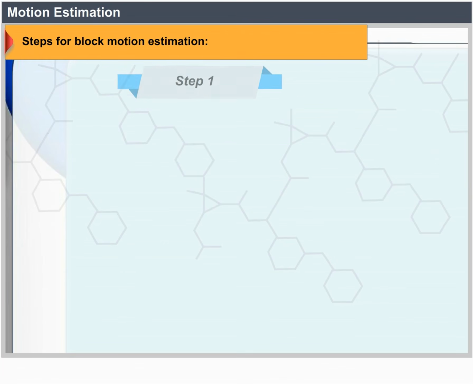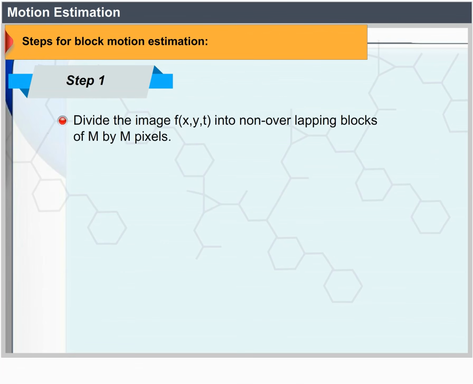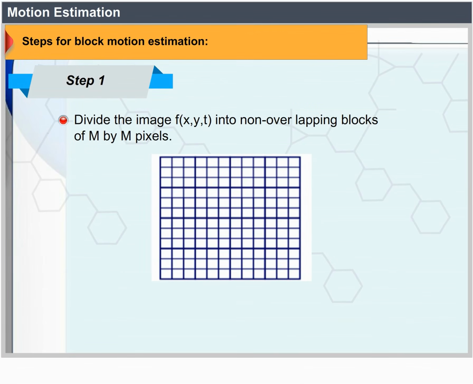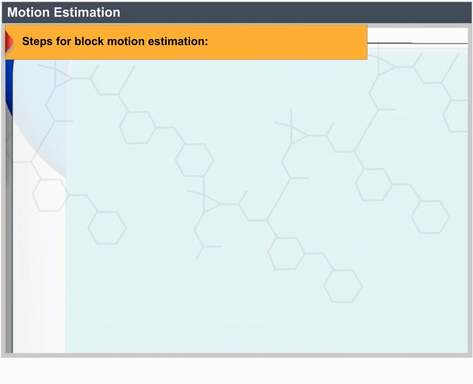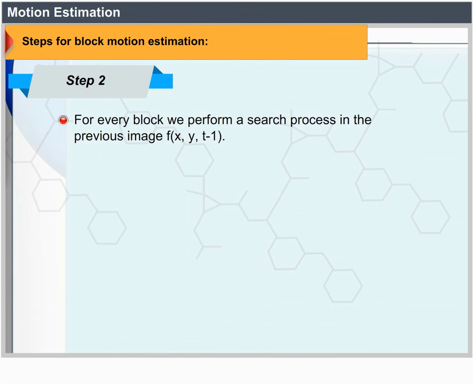Steps for block motion estimation. Step 1: divide the image f(x, y, t) into non-overlapping blocks of m by m pixels. Step 2: for every block, we perform a search process in the previous image f(x, y, t-1).